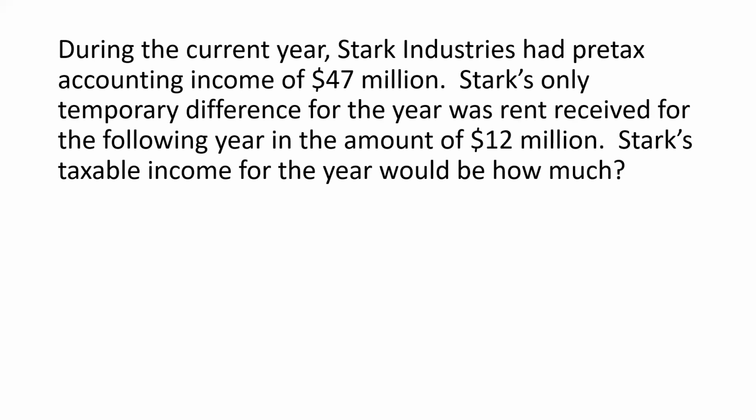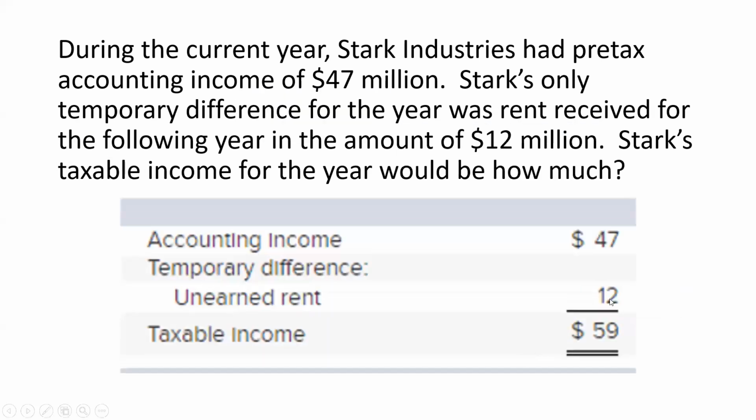The government says, you got $12 million in cash. You better pay us some of that. So we're going to have to show our net income of $47 million and then add this temporary difference, which will increase our taxes this year, but creates a deferred tax asset for future years, for next year in this case. So we're just going to add those two together.